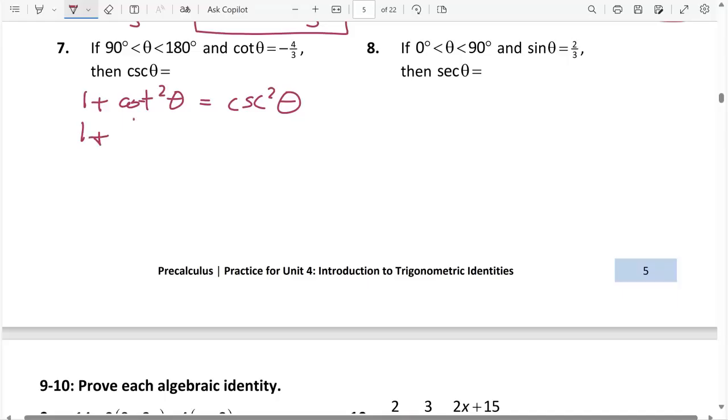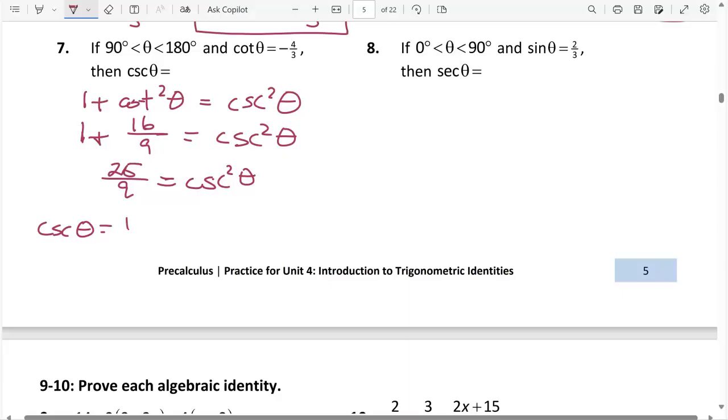So cotangent squared is 16/9. And 9/9 plus 16/9 is 25/9. And if cosecant squared of theta is equal to 25/9, that means that cosecant of theta must be plus or minus the square root, which is 5/3.